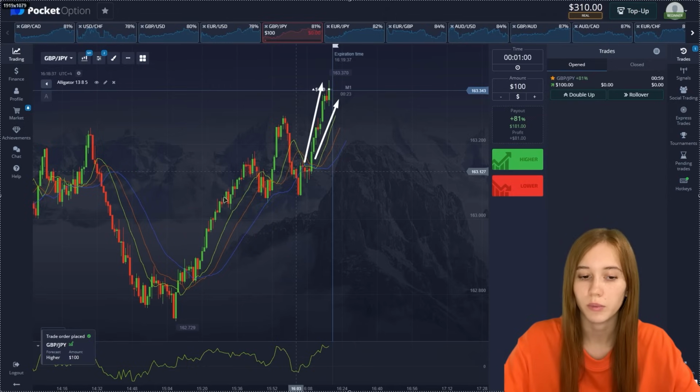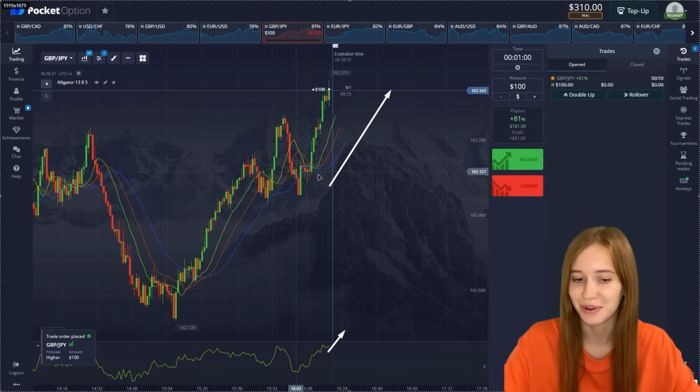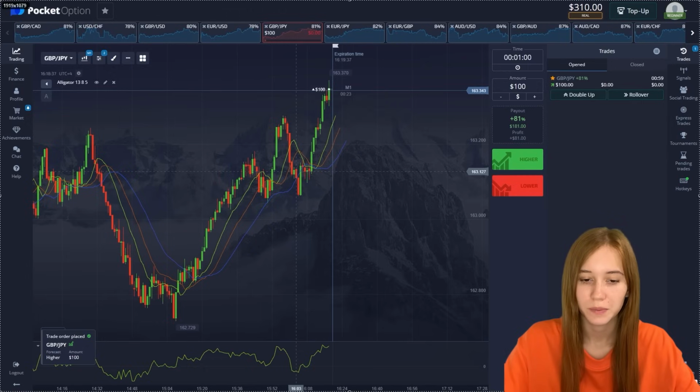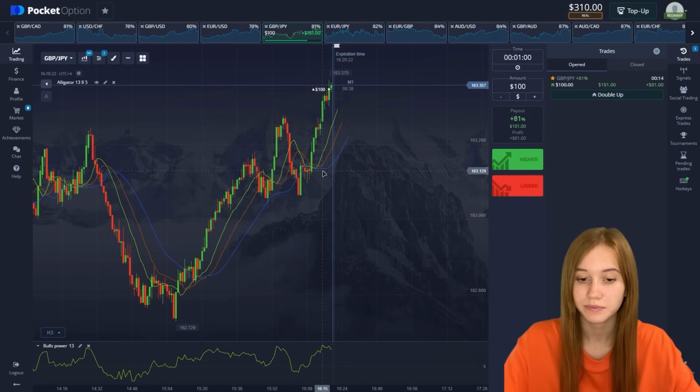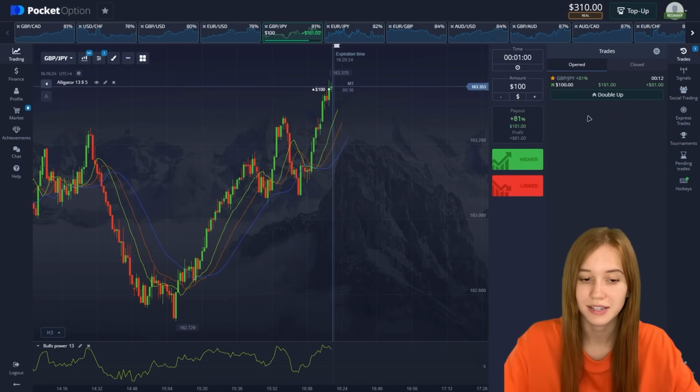We see a good upward trend in the indicator. This is already the third sign. According to the second indicator, we see the guide is directed upward. This is the fourth sign for opening upwards. Let's see the situation. And there are 10 seconds until the end of the deal.